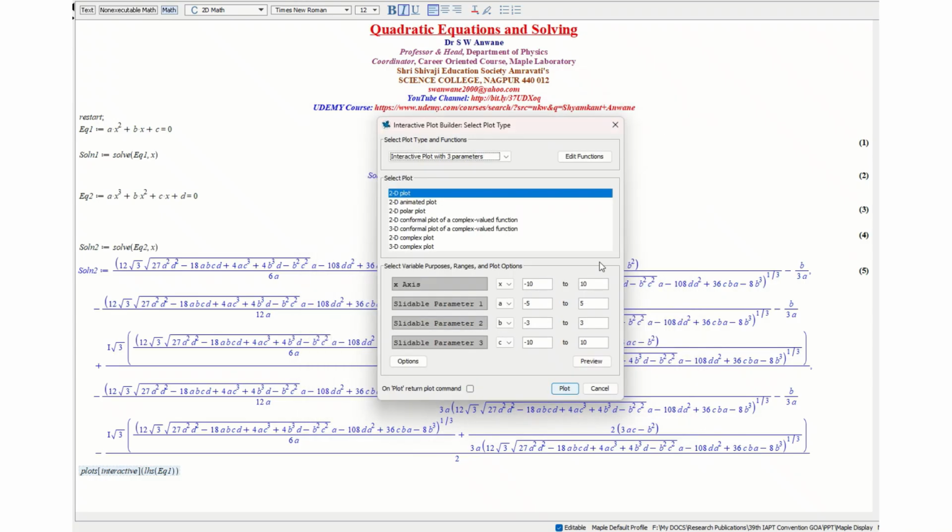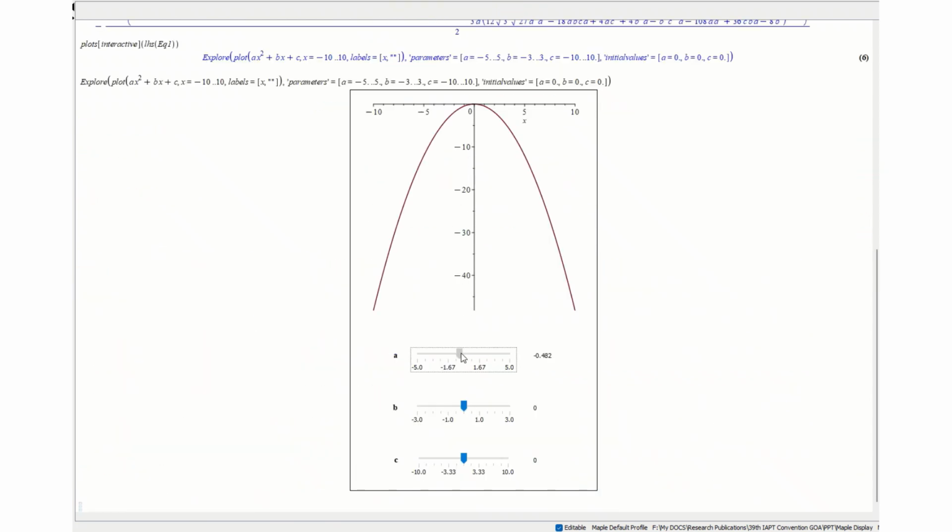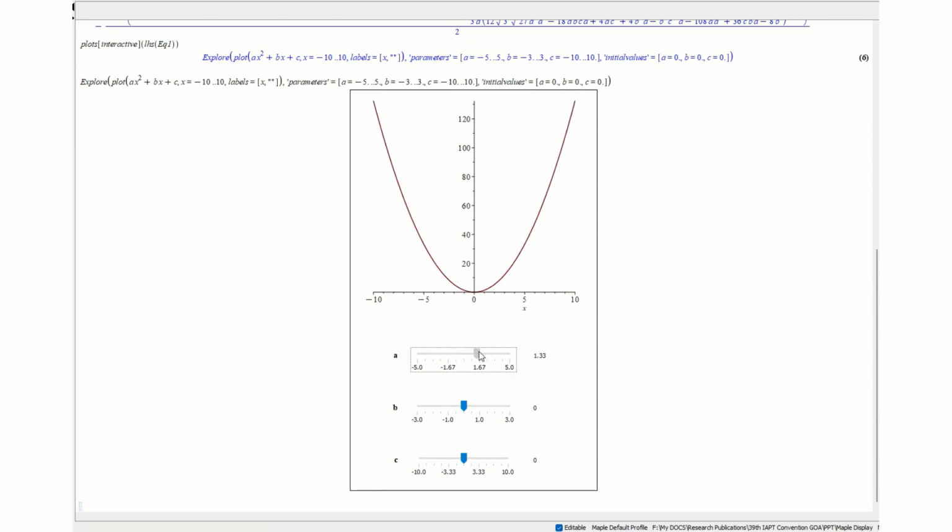Now I can ask for the command to be generated by Maple, and this command, which is generated by Maple, is explored for plotting, and here you can play with the parameters. If you make a negative, it opens a parabola downwards, and if a is positive, it opens a parabola upward.